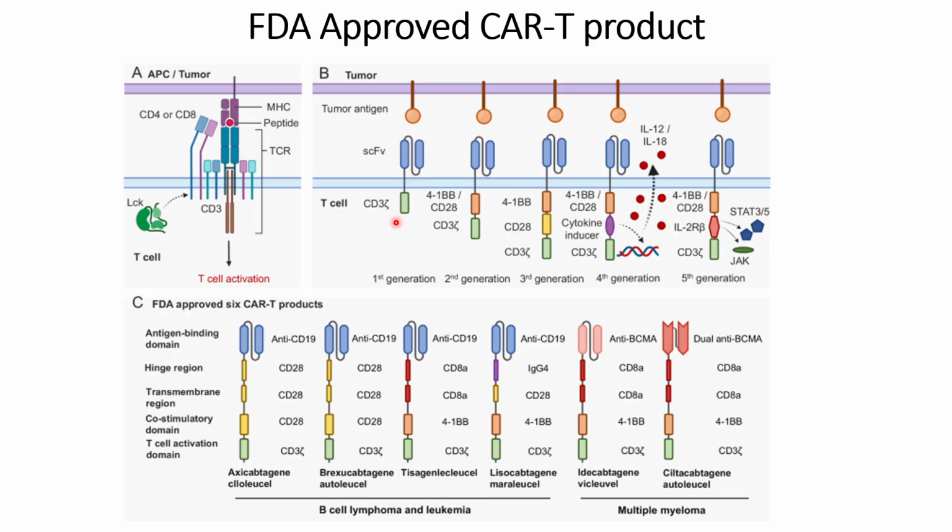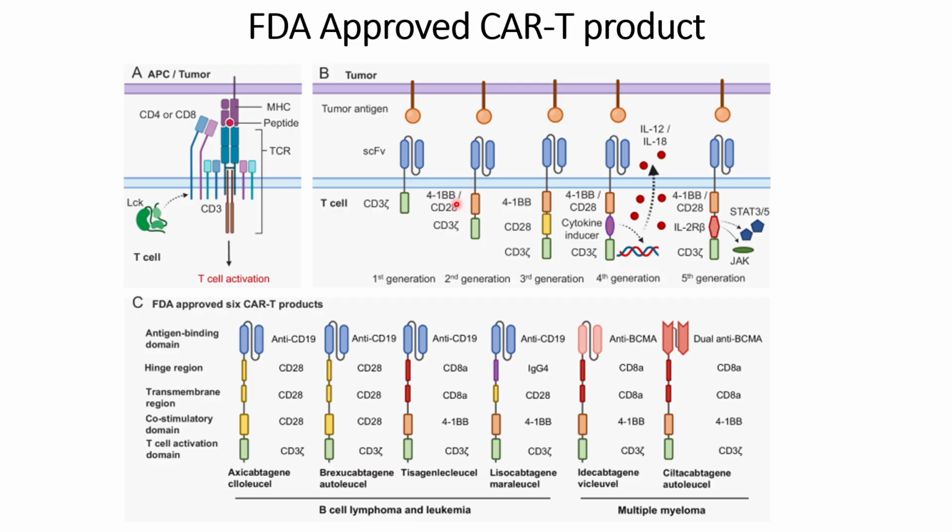At the same time, they modify the intracellular domains of the T cells in a way that whenever the extracellular domain comes in contact with its antigen, it will lead to the activation of the intracellular part, which will cause the cytotoxicity and proliferation of the T cells. In the first generation, they have only CD3 zeta that will lead to the proliferation, but it does not have that much efficiency, thereby it does not give very high clinical results.